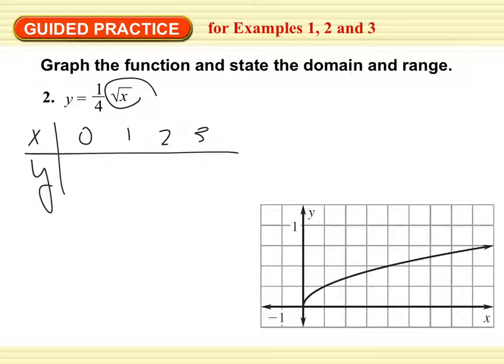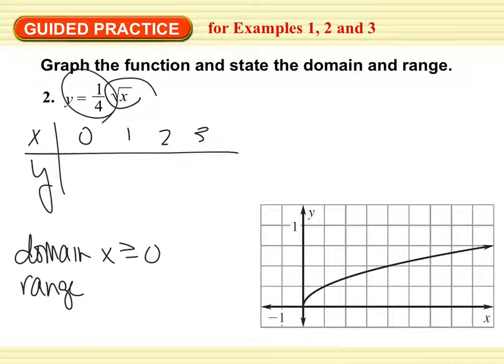So for x, we're going to have our domain. X is greater than or equal to 0, and our range, because this right here is positive, is going to be y is greater than or equal to 0. And we have our graph, which is all positive numbers.